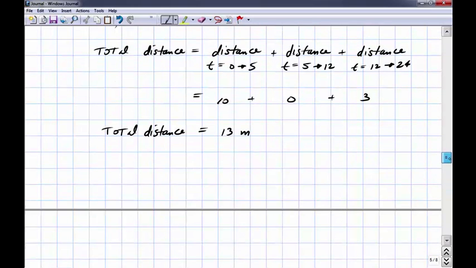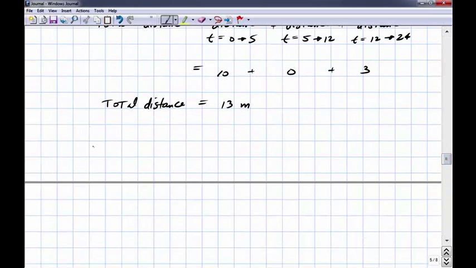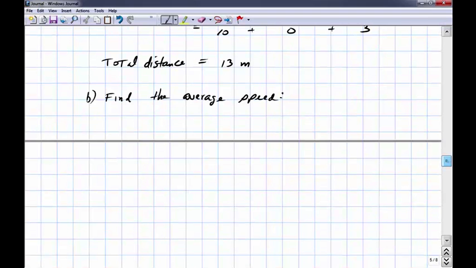Let's now determine the object's average speed. Well, we defined average speed earlier as speed with a bar on top. Of course, the bar means average, and it's defined as the distance divided by the time.